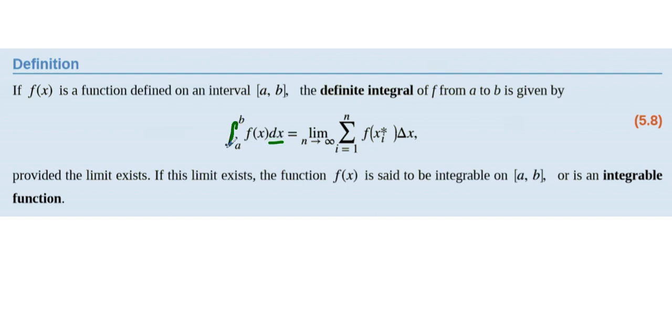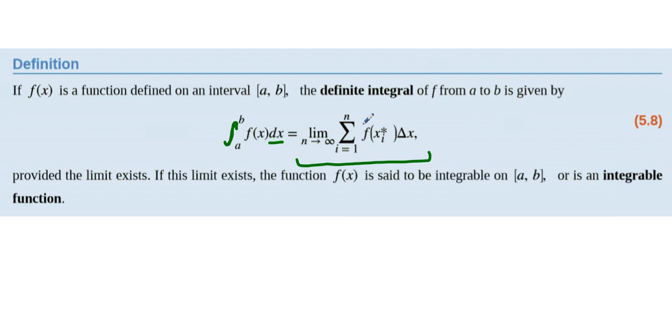This is the integral symbol. It's an elongated S, and it goes at the beginning of the notation. So if we write the integral symbol from a to b of f of x dx, it's the same a and the same b. This definite integral is this thing that we talked about in a previous lesson.